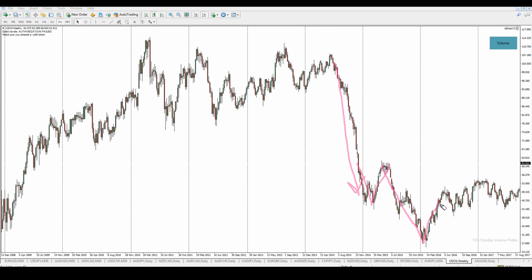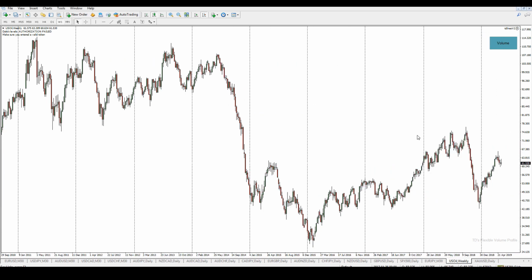And after such rejections, usually the trend is over, at least for a moment, and there could be a rotation or change of a trend. As you can see in this case, there was a rotation. Then the rotation continued for a while, and afterwards uptrend started.